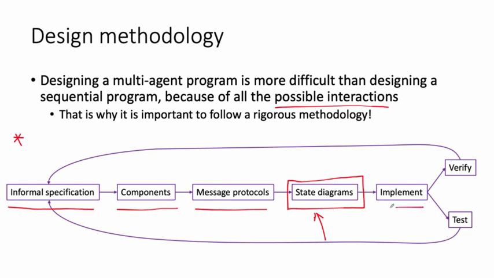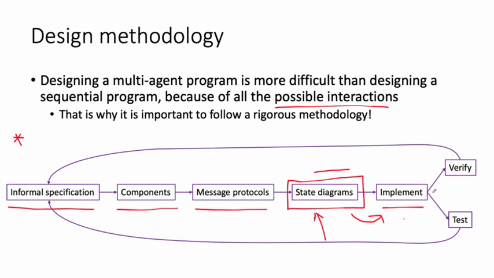And then you implement. The implementation is actually very easy. The coding of the state diagram is almost automatic. And you have commercial software that lets you build state diagrams, and then it generates Java code or whatever code, C code, automatically. So the implementation is actually easy. The state diagram is the hard part.